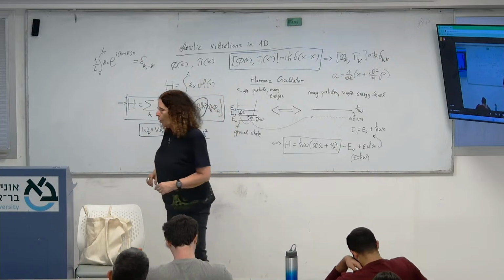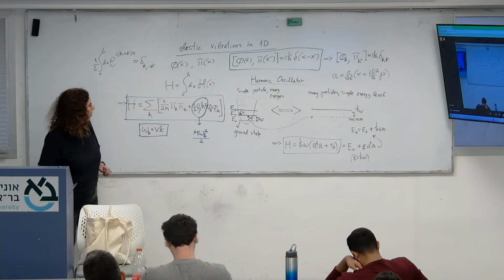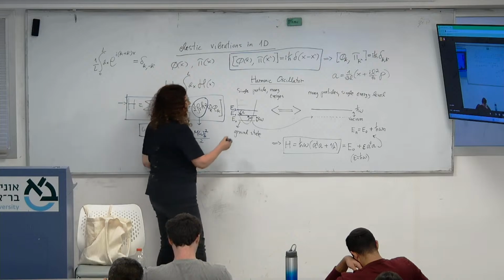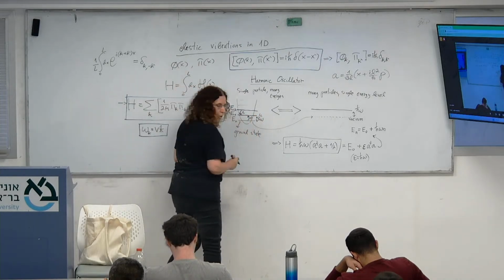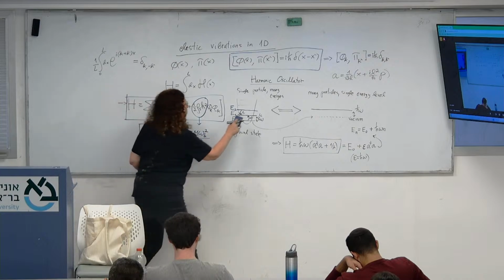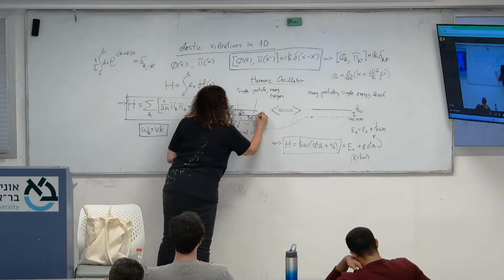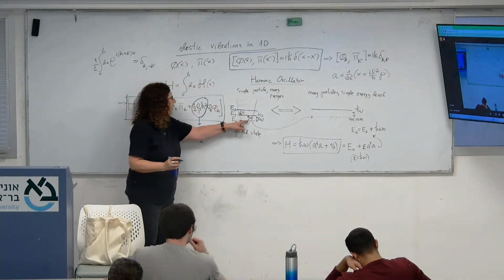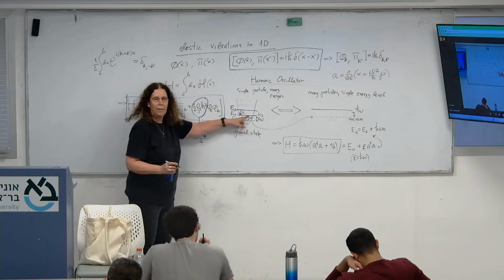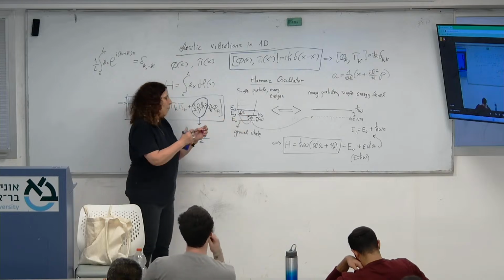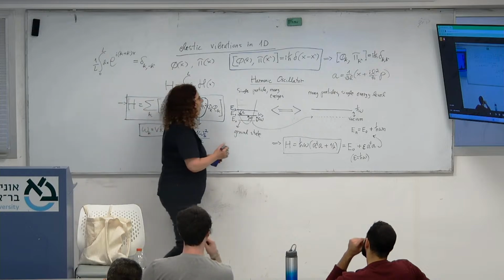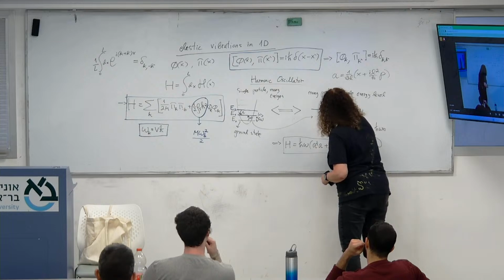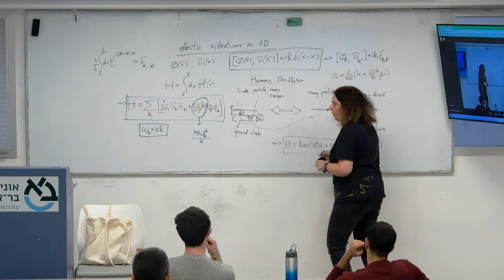So for example, if you look at the state 1, it's the state you can get from the vacuum if you apply a dagger only once. Applying a dagger only once, in my many-body language, is putting only one particle here.